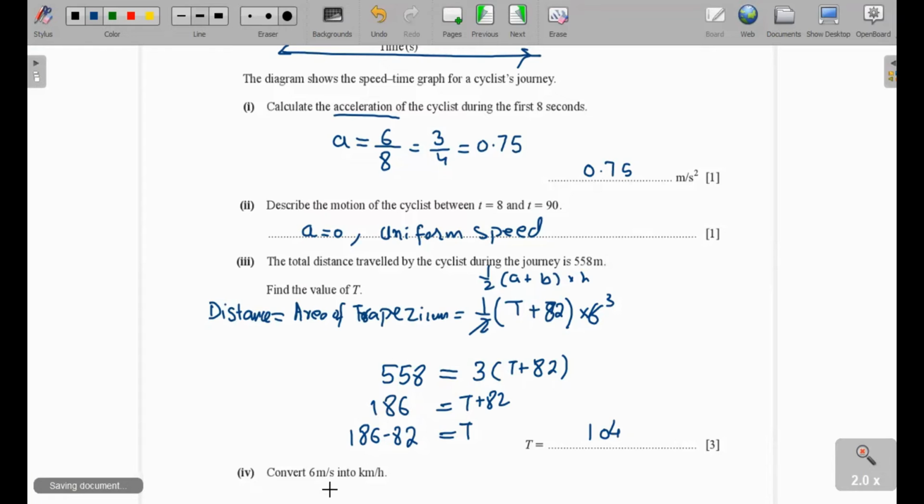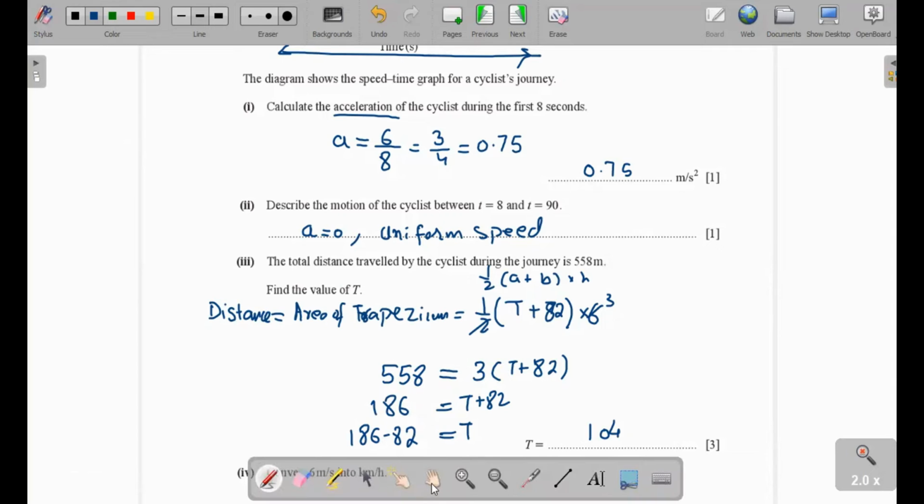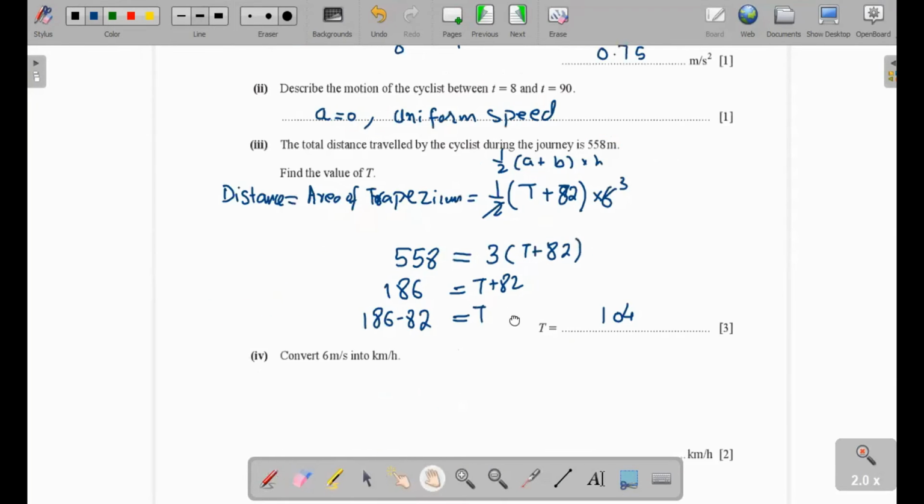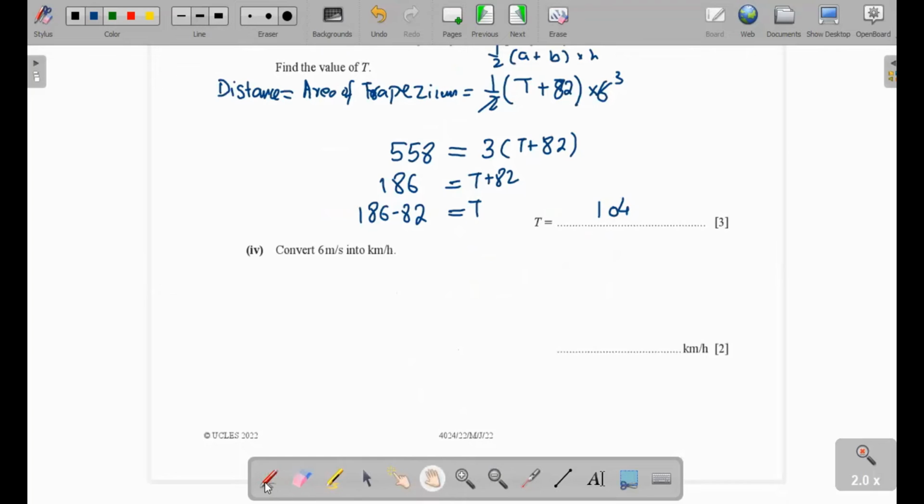Now the next part is to convert 6 meters per second into kilometers per hour. The fourth part is very simple. 6 meters per second.